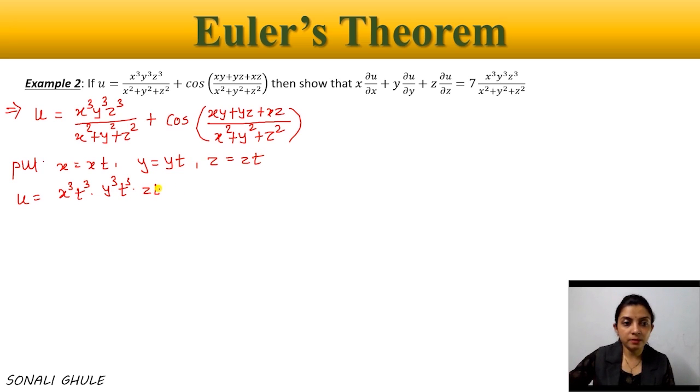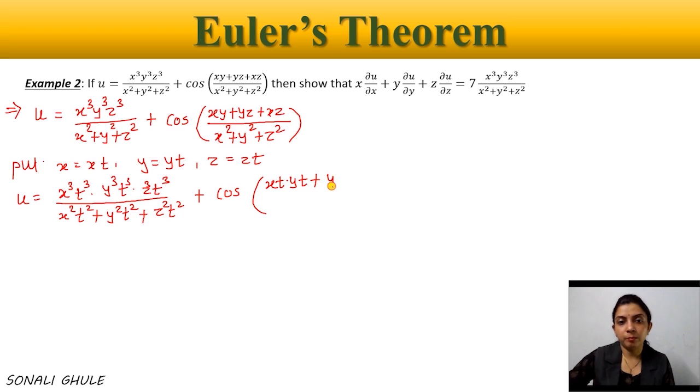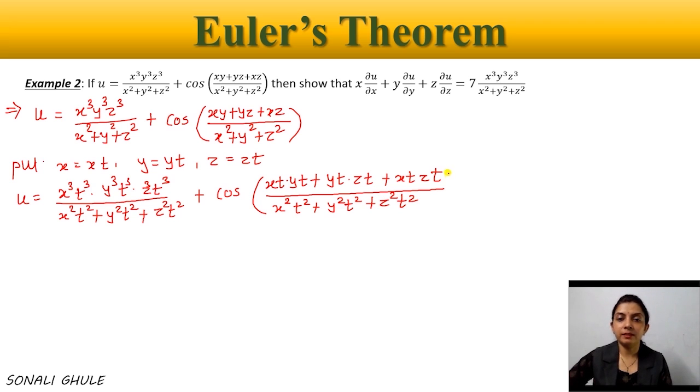Then z cube t cube upon x square t square plus y square t square plus z square t square, plus cos of xt yt plus yt zt plus xt zt upon x square t square plus y square t square plus z square t square.